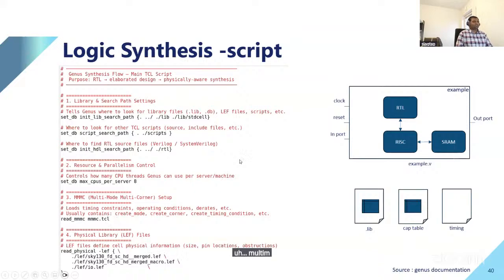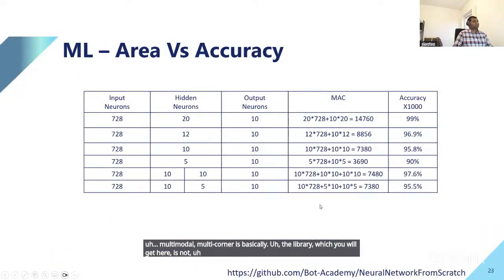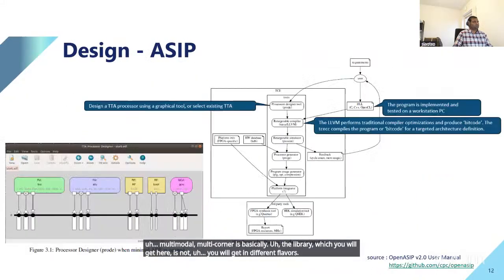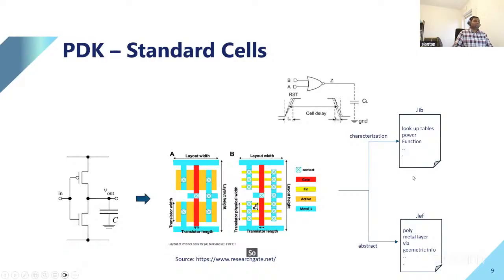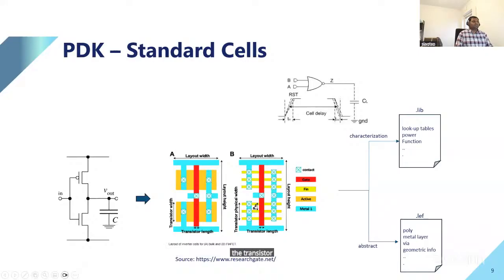Multi-mode, multi-corner is basically that the library you get here comes in different flavors. Even though we fabricate one transistor on a die, the transistor you fabricate at die coordinate 0, 0 is not exactly the same as the same transistor fabricated at die coordinate 100, 100. The transistor width and length still vary a little bit.